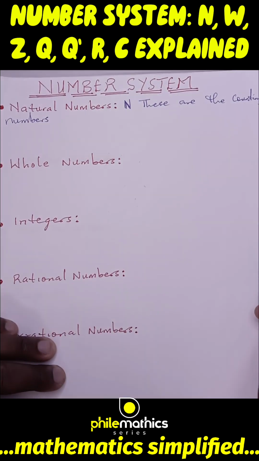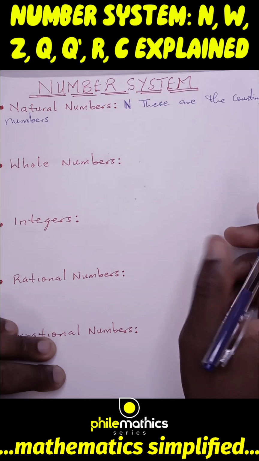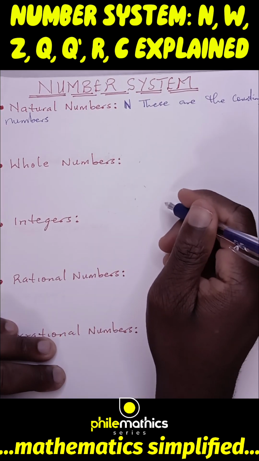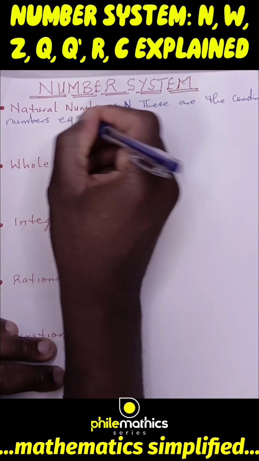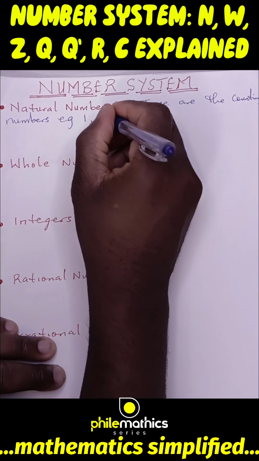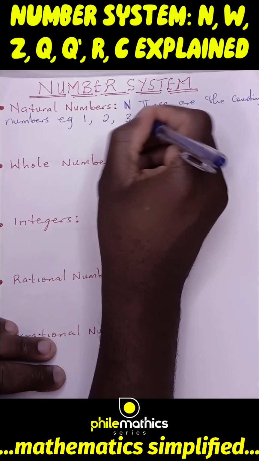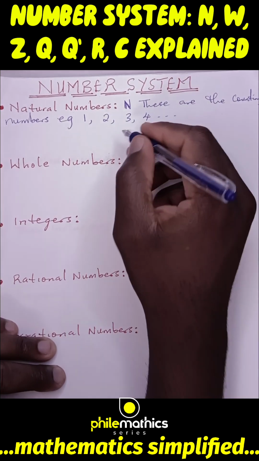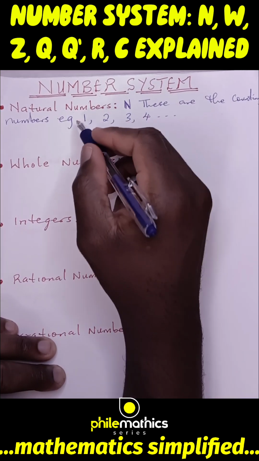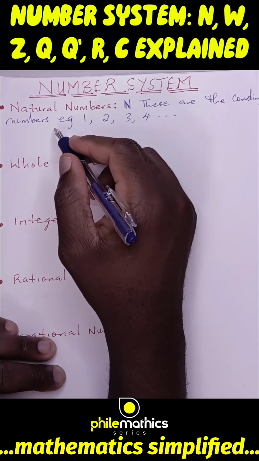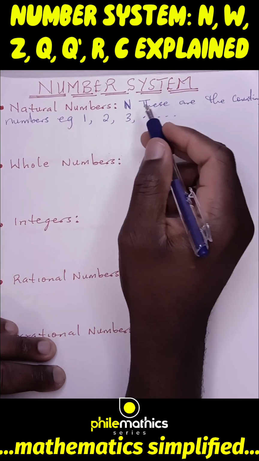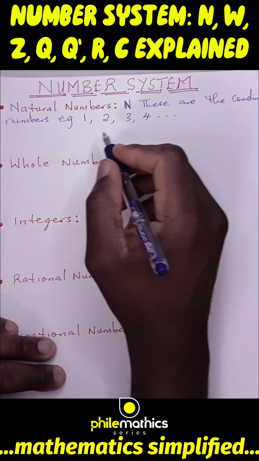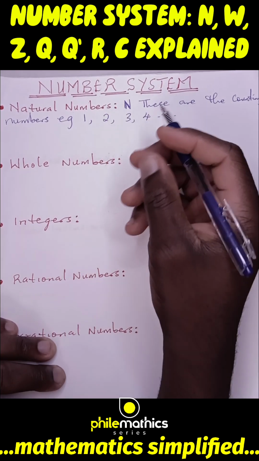So when you have a number of oranges in a basket, we use the natural numbers to count how many oranges are in the basket. And so examples of the natural numbers are 1, 2, 3, 4, and so on. So we notice that natural numbers don't have zero and they don't have negative part, even though some books may include zero in natural numbers. But what we call natural numbers are numbers we use to count.